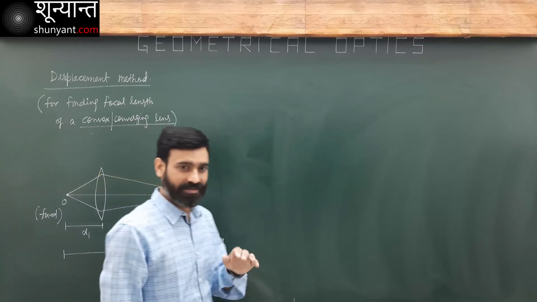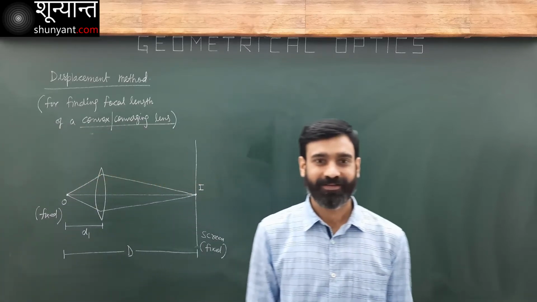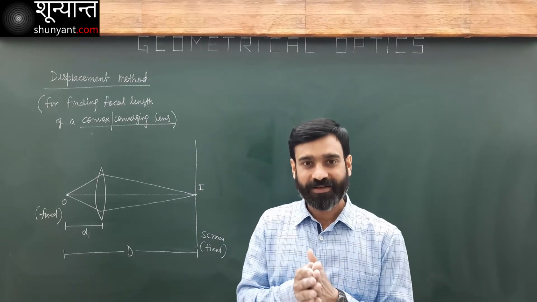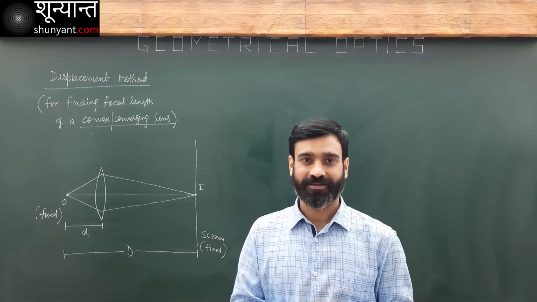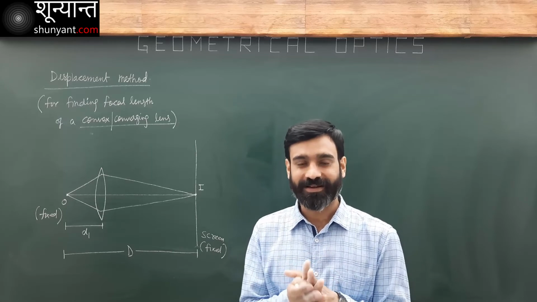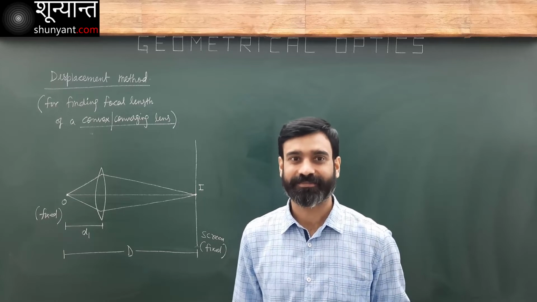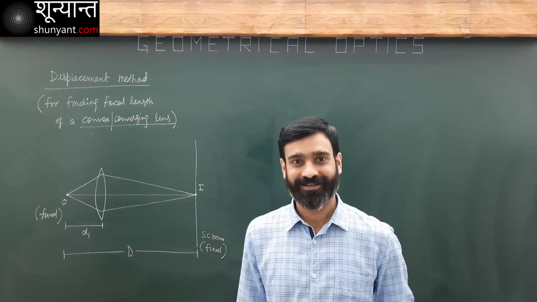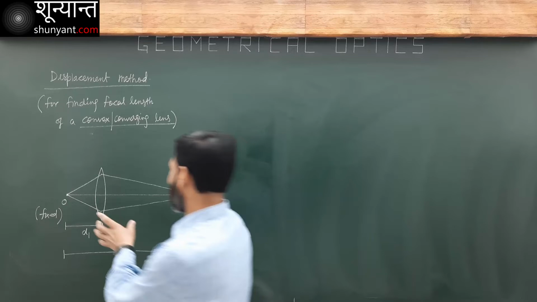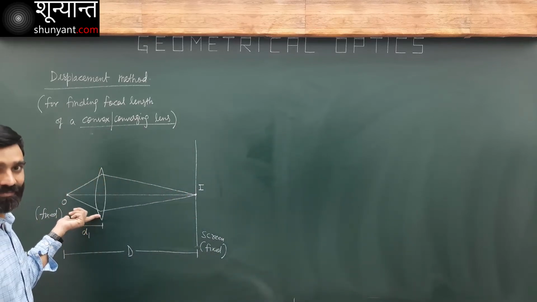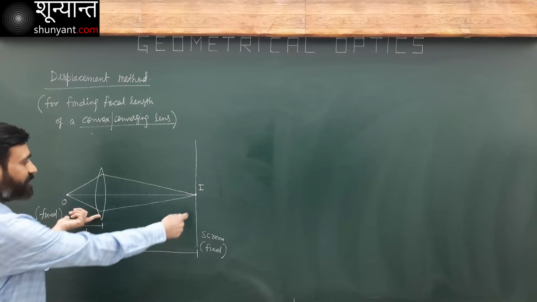Now, reciprocity. Object and image can be interchanged. That means object distance and image distance can also be interchanged. This is the object distance now, and this is the image distance.